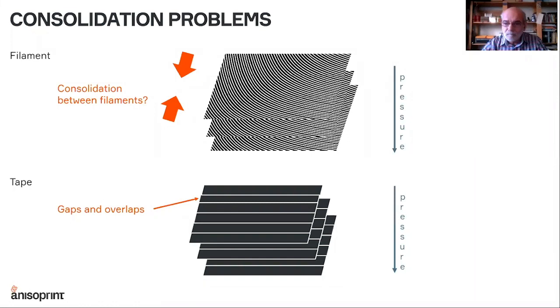But the question is, how do you consolidate in this case, not in the direction that is normal to the layer, but in the in-plane directions? That's a big question. I do not know the answer, so that's probably a big problem with such approaches.